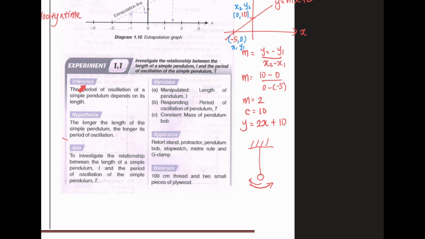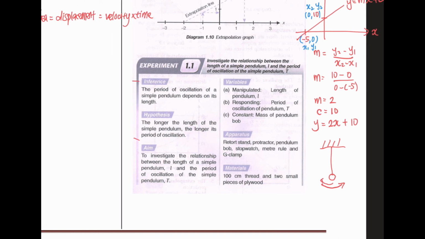We always say something like this: the responding variable depends on the manipulated variable. So that is the format of inference. What is the format of writing hypothesis? From here you should be able to see something like this.